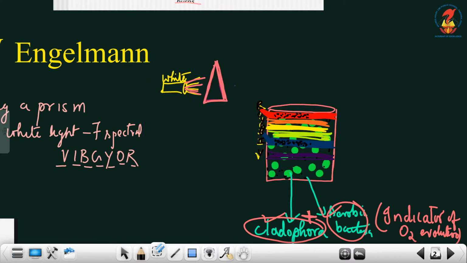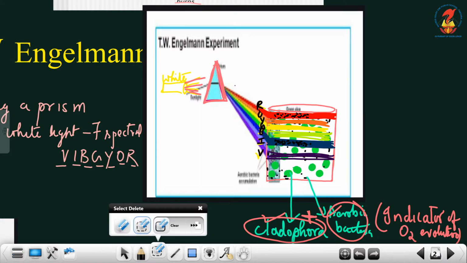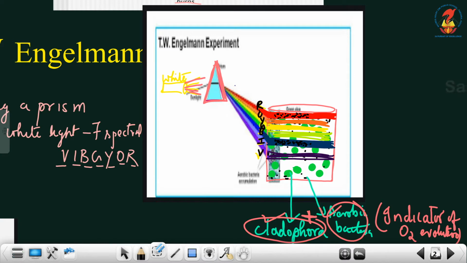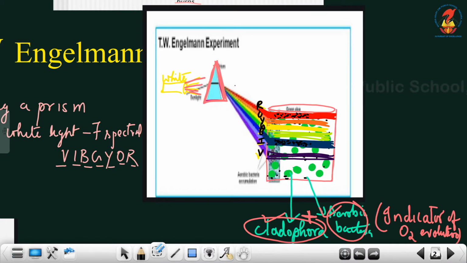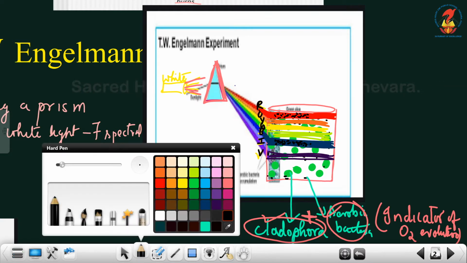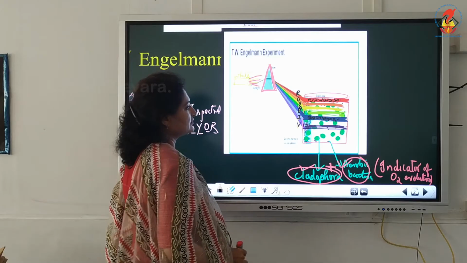See, the other regions, they were equally distributed. I am removing it from the other region, the black spots, which indicates the bacteria were not present in the other regions. Okay, all of them got accumulated in the red region and in the blue region.